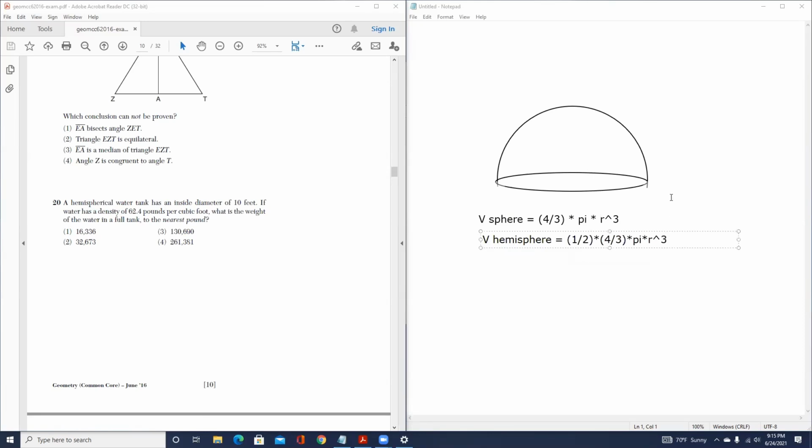And this can be simplified to 2/3 times pi times r cubed. Now that we have this, we can plug in what we know. Let's first represent it on the diagram. So the inside diameter is 10 feet.